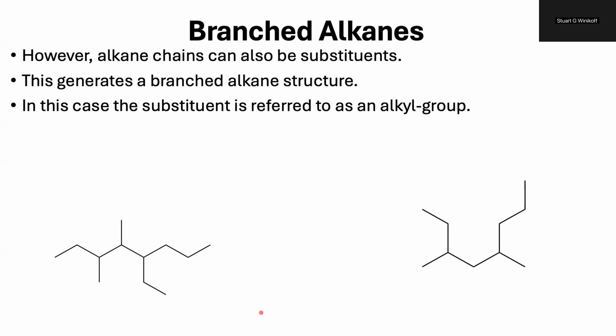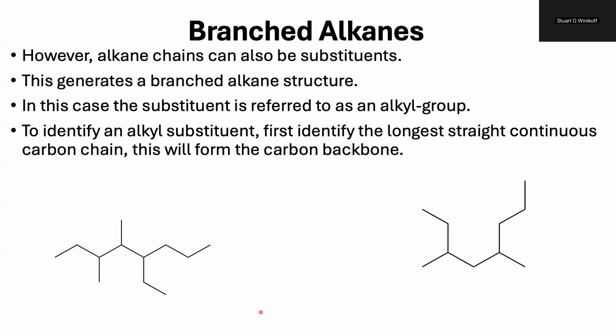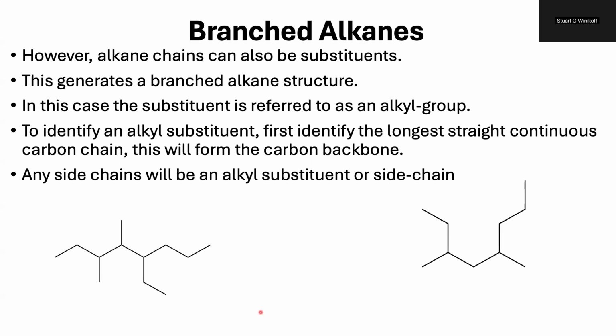These are essentially alkanes as substituents. To identify the alkyl substituents, first we need to identify our common carbon backbone, the longest continuous carbon chain. Any side chains will be referred to as alkyl substituents.